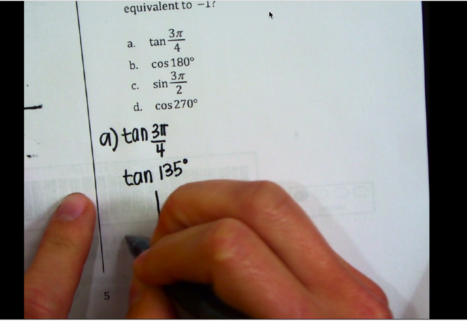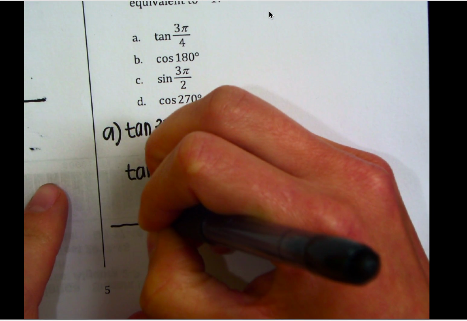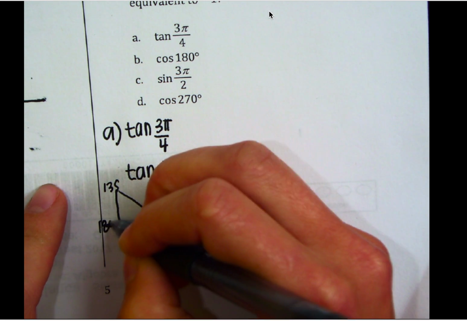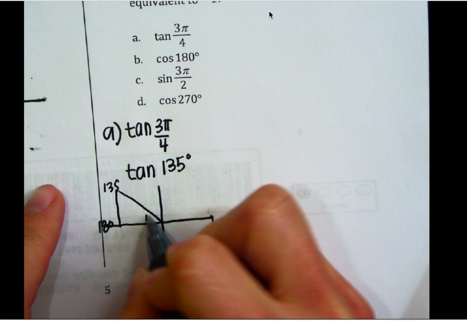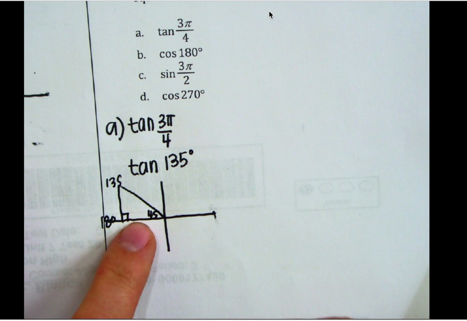So I'm again going to plot 135 degrees here in the second quadrant. 135, this is 180, which is going to give me that 45-degree reference angle, the 45, 45, 90 triangle.